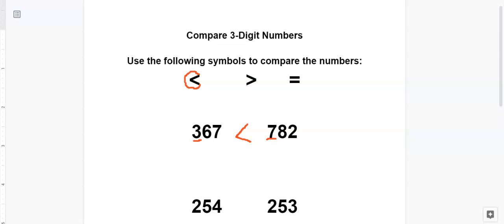Now, it gets a little bit tricky as you go on to other problems. What if you have two numbers in the 100 spot, and they're exactly the same, 2 and 2?